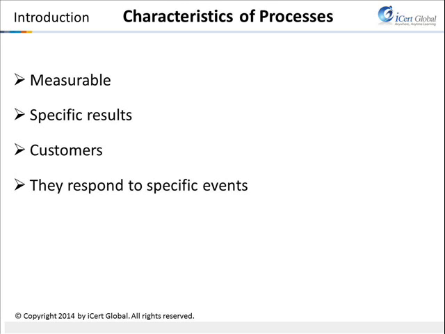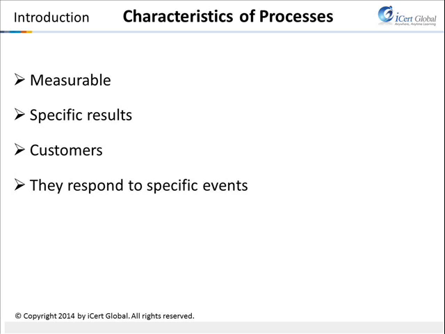They have specific results. The reason a process exists is to deliver a specific result. This result must be individually identifiable and countable. While we can count changes, it is impossible to count how many service desks were completed. So change is a process and service desk is not, it is a function.